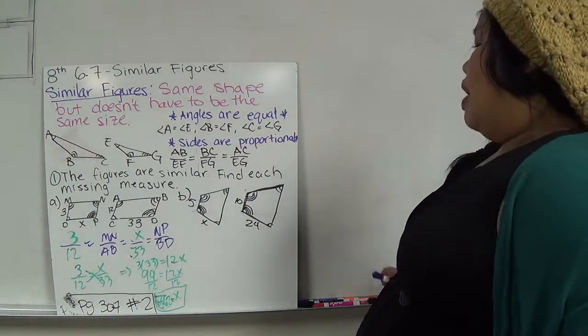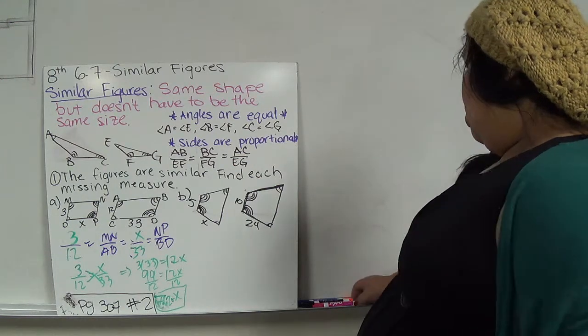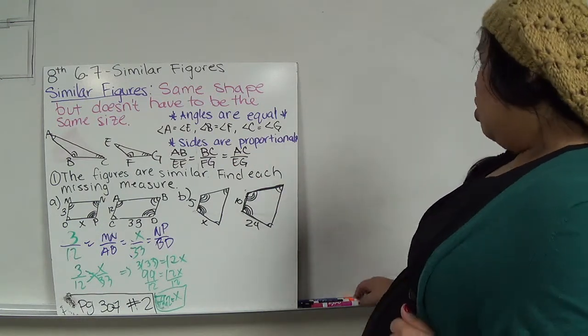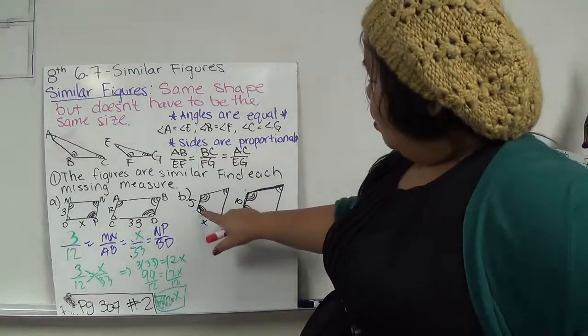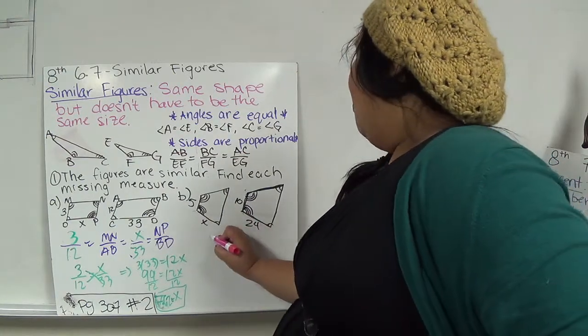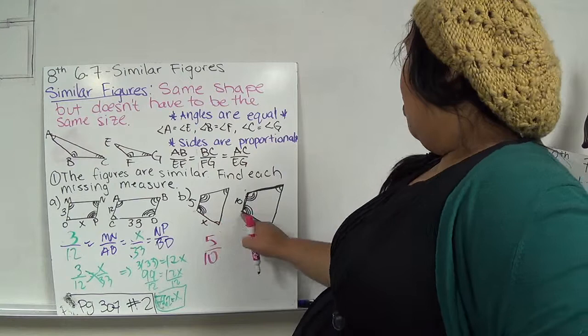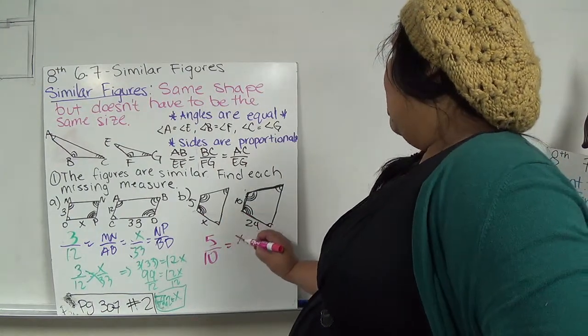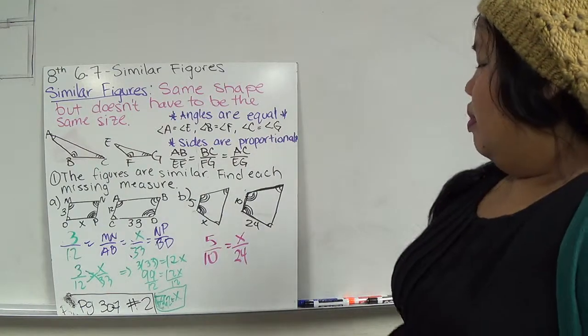So again, I just have to find two sets of proportionate sides, and then cross multiply. For this case, this is 1, 2, 3, 4, 3, 1, 2, 3, 4, 3. So I know that 5 is proportionate to 10, and this is 4 to 1, 4 to 1, and x is proportionate to 24. Right?